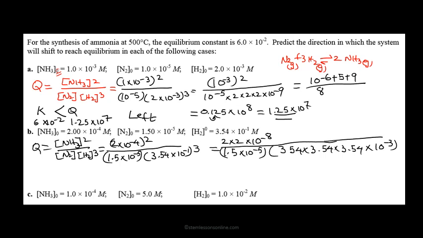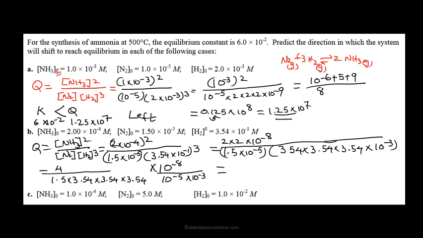When you simplify, I'm just taking the numbers and the exponents together: 4 divided by 1.5 times 3.54 cubed, and 10 to the power negative 8 divided by 10 to the power negative 5 times 10 to the power negative 3.